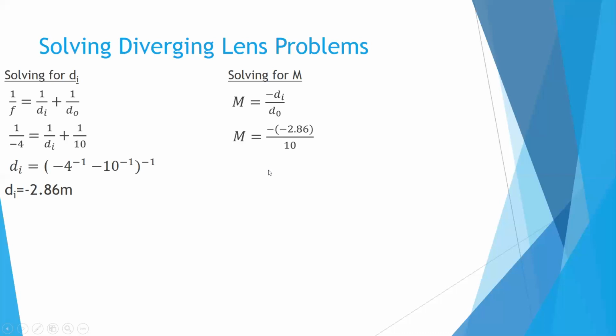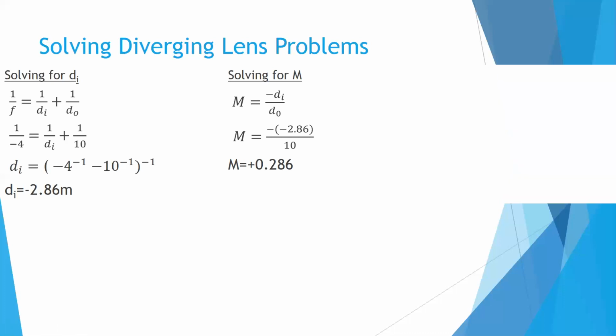A negative of a negative is just going to make a positive. You got to make sure and plug in that negative from the -2.86 and the negative that's in the equation, because they're going to cancel out. So a negative of a negative makes a positive, divided by 10. Our magnification is positive 0.286. You don't have to write the plus sign. I just wrote it there to illustrate that two negatives make a positive when you multiply them together.